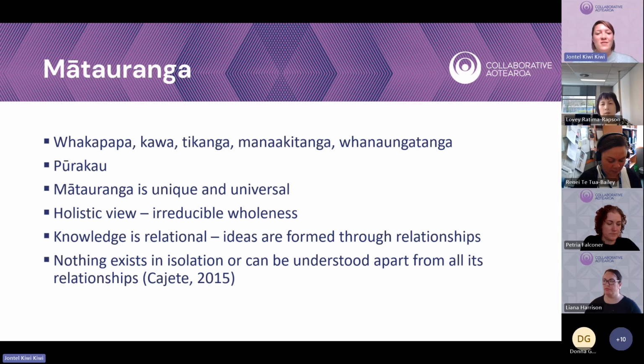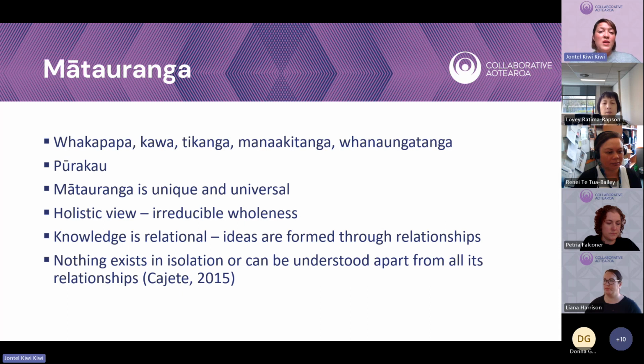And I was like, oh, you're so right. So yes, it is unique to different rohe, to different people, and it's universal in the context that we can all tap in and understand the bigger messages, even if we don't relate to necessarily the words or the kupu, or don't understand everything about it. There is actually a mauri behind mātauranga that we can tap into.